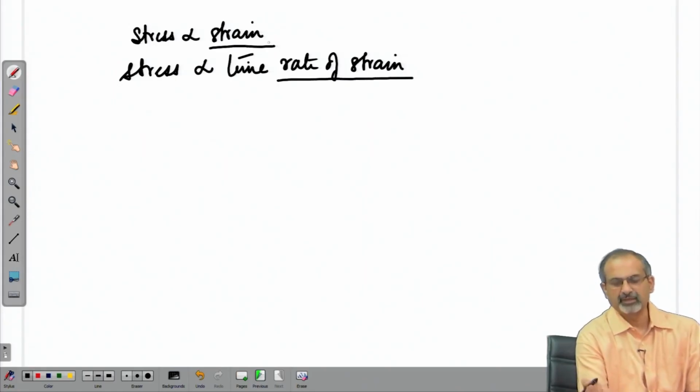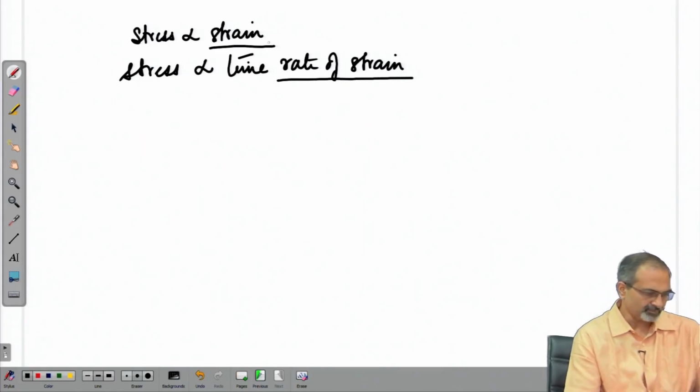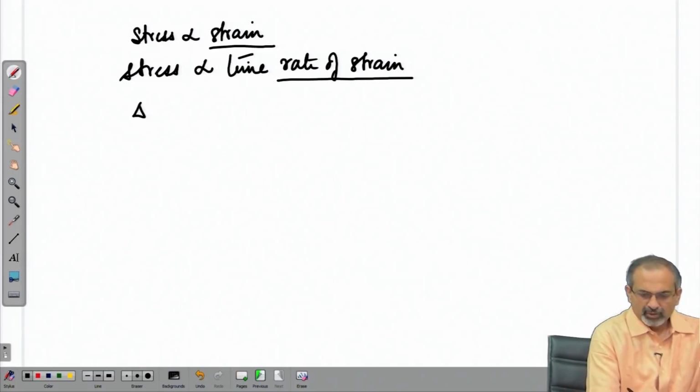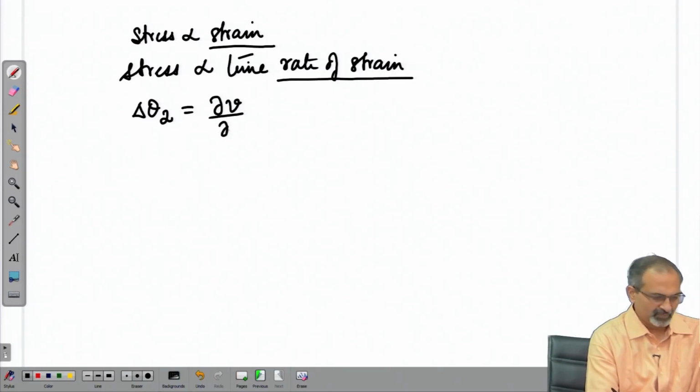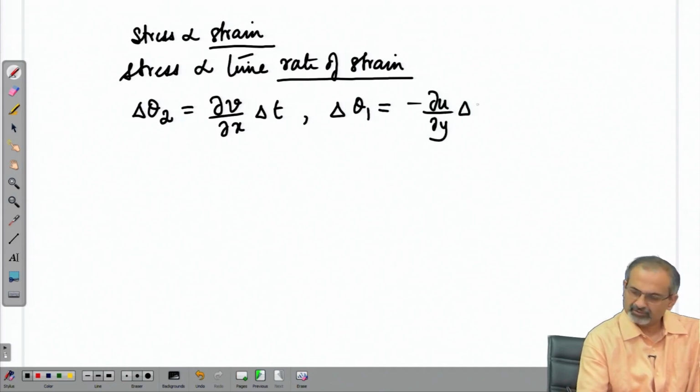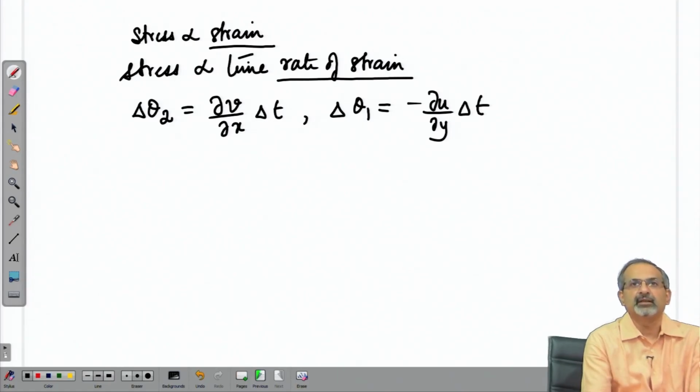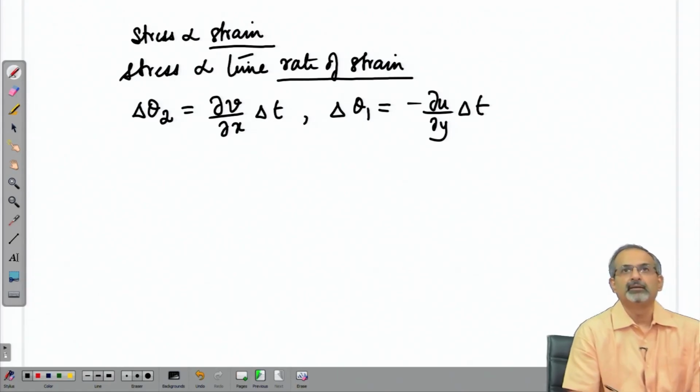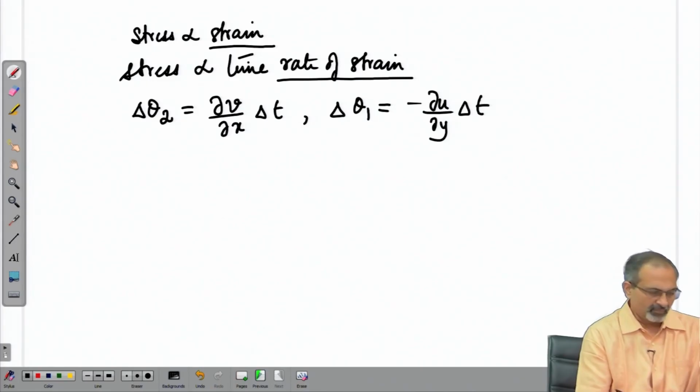We have to be very careful about this connection. Going back to the figure that we drew, we recall that we can quantify these angles using derivatives of the velocity components in this manner and using the time interval delta t.